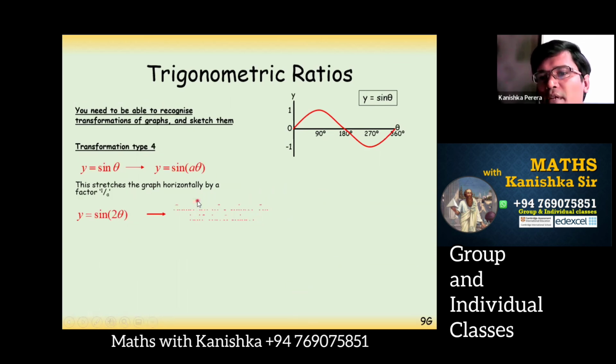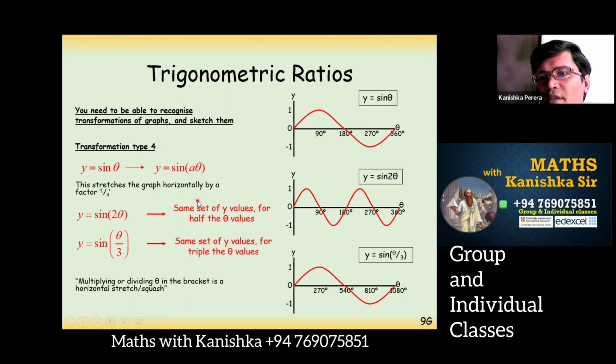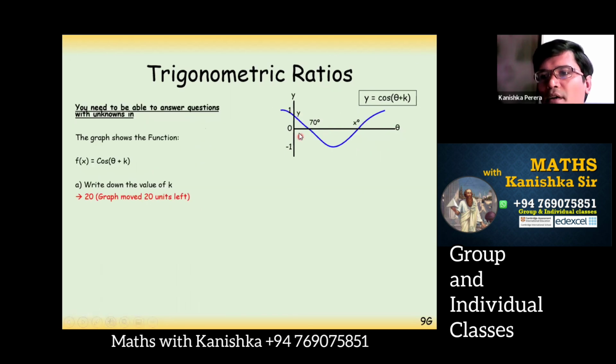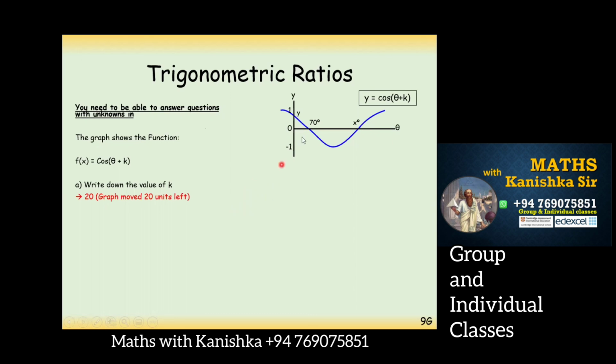Because of that, the question we got here is this one. The graph has been shifted 20 units left. The amount is not clear, is it 17 or 70?